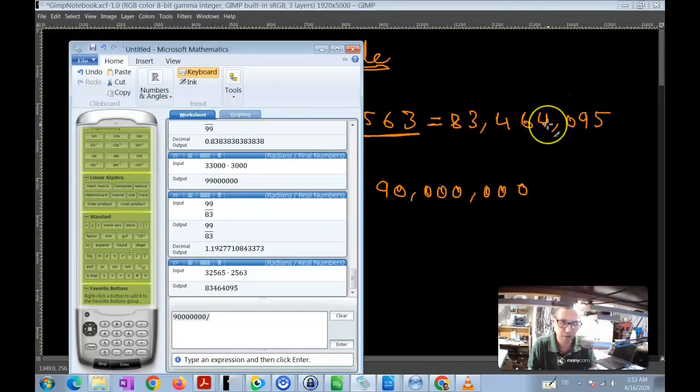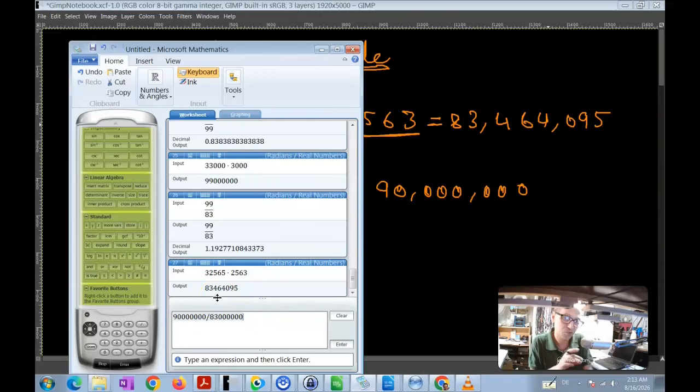The rest is not very important. But you see over here that I have to write out all of these zeros. 90 million has 7 zeros, and this has, I don't know, 6 zeros, or whatever the number of zeros might be.